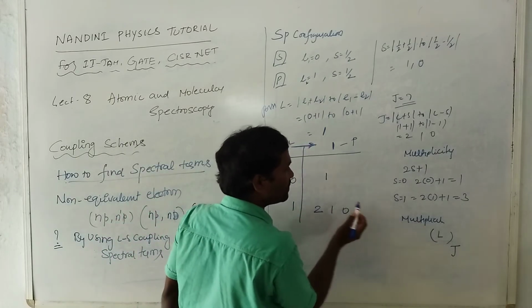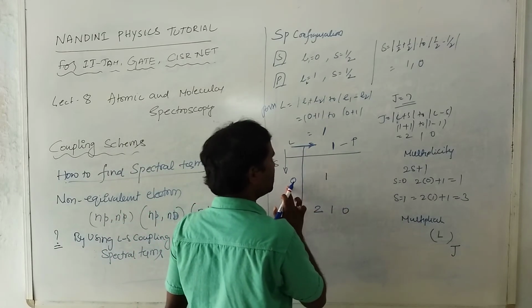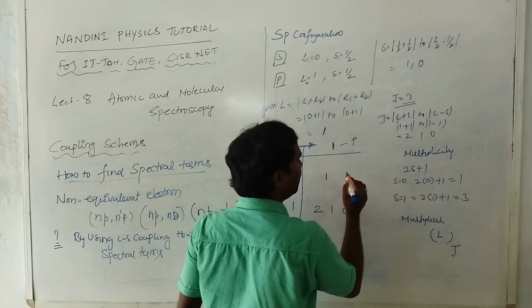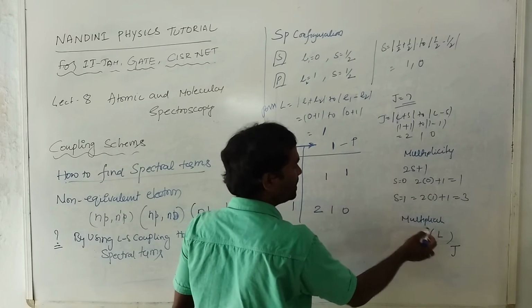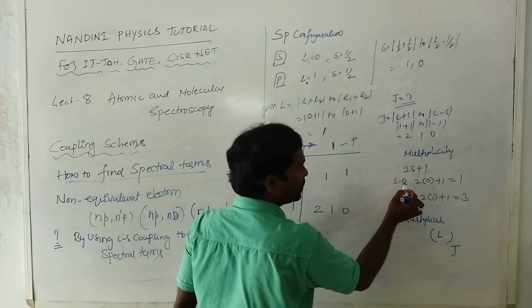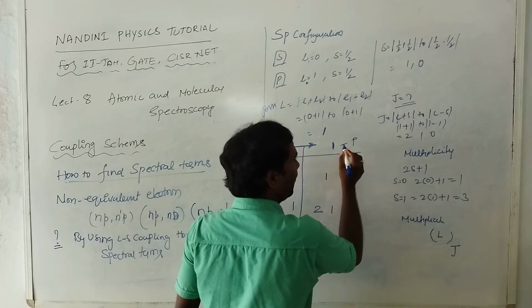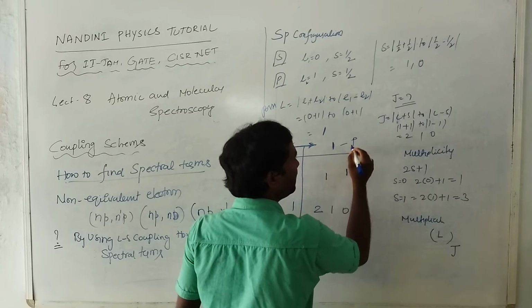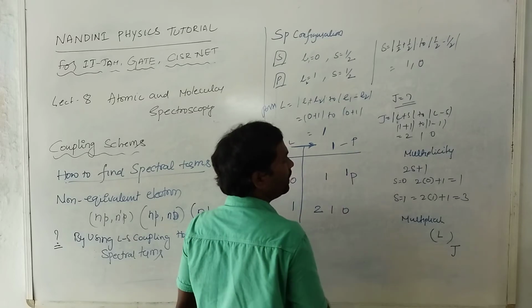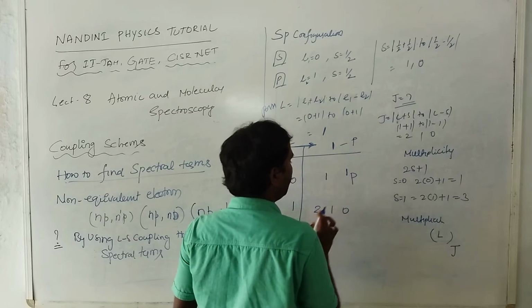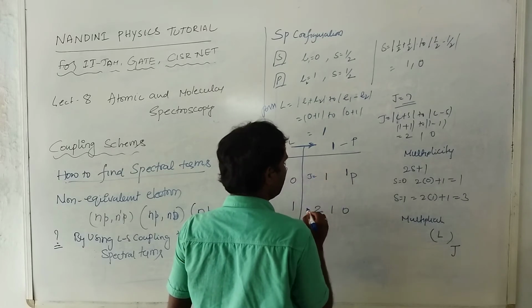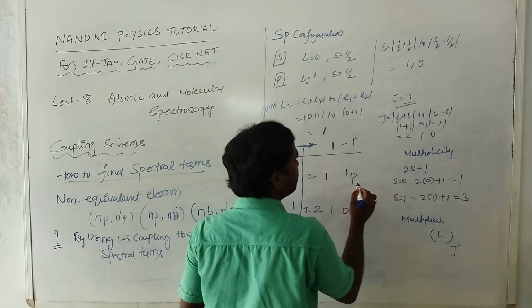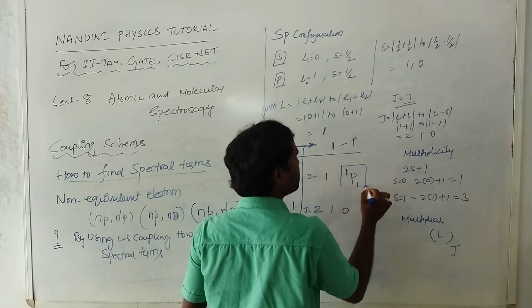Using it, this is the first state, because S equal to 0 means the multiplicity is 1, and L equal to 1 indicates the P state. And what is the angular momentum? This is called the J value, and here J is 1. So this is the first spectral term.